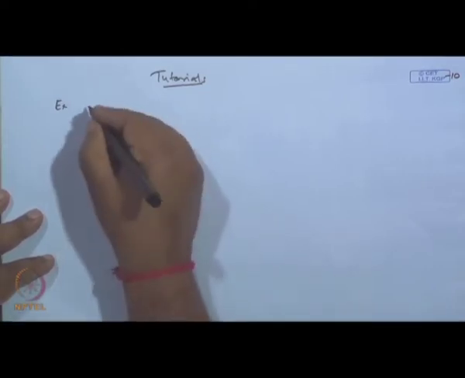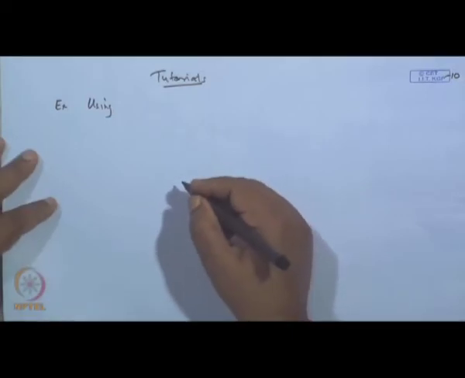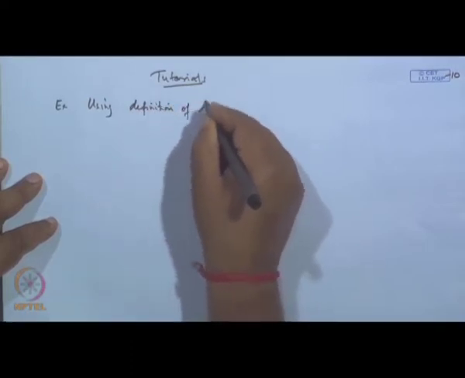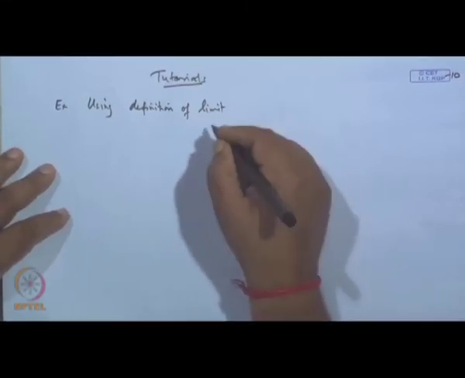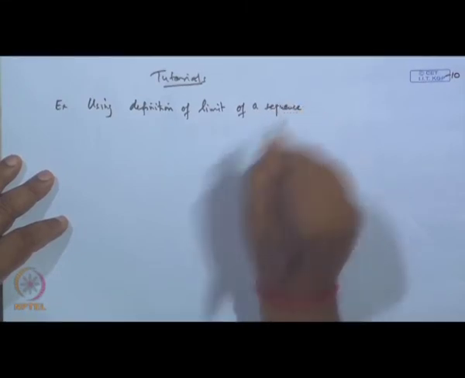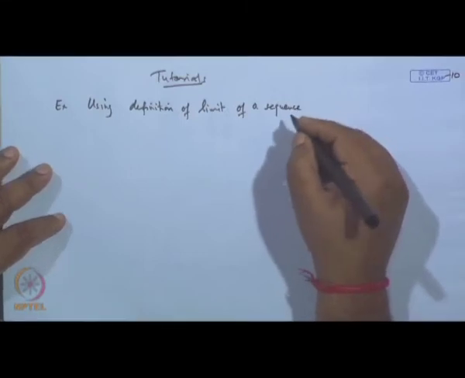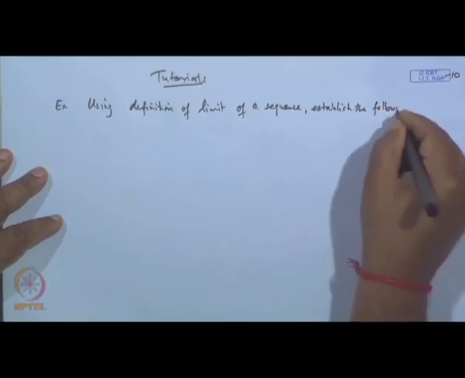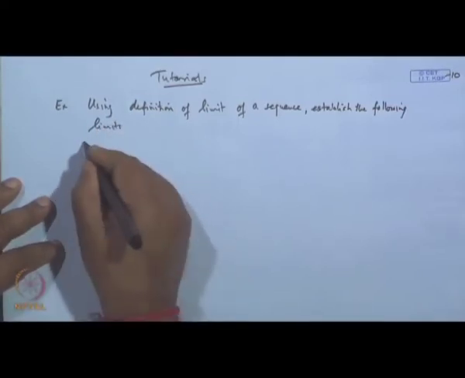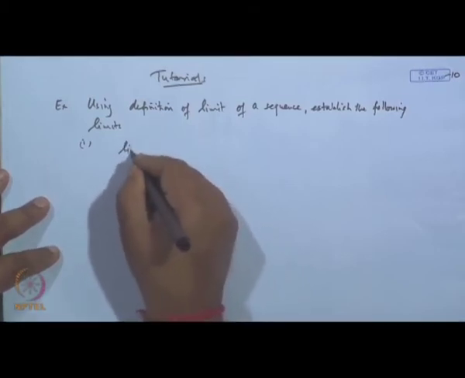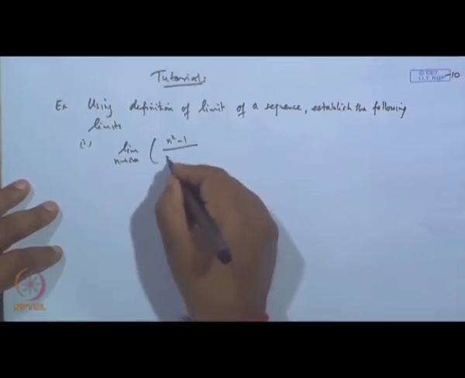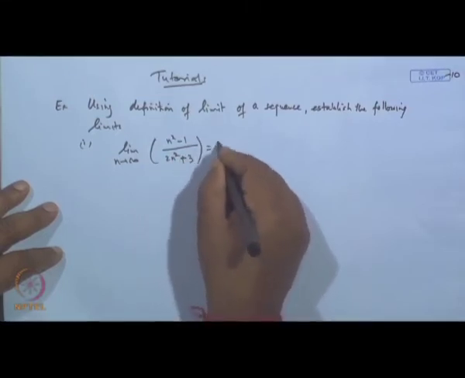we have to do this part using the epsilon delta definition, using the definition of the limit of a sequence, to establish the following limits. A: limit as n tends to infinity of n square minus 1 over 2 n square plus 3 is equal to half.